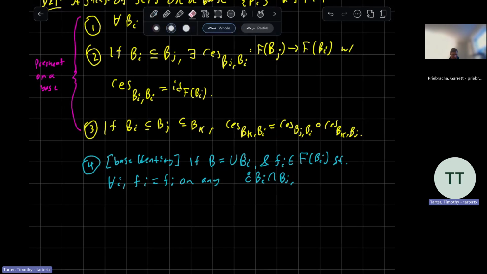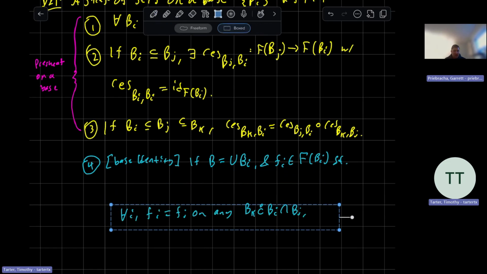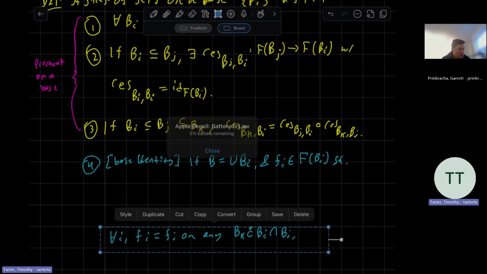Or we'll call this B_k actually, because that's the notation they end up using. Oh my god, I started reading off the wrong definition. Well, this does show up later, so I'm just going to move it all down.